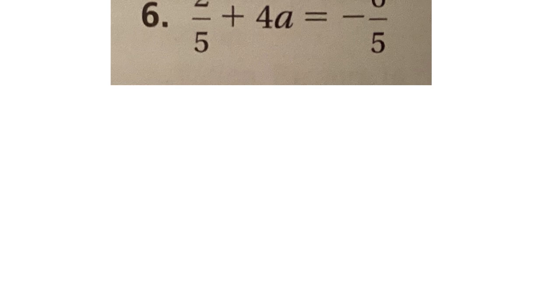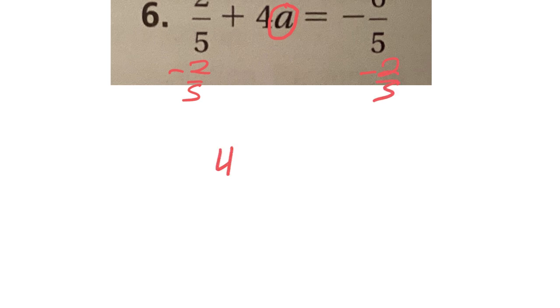All right, this one, I could just circle the a here because the a has two things going on. One, it's being multiplied by 4, and it's also being added to 2/5. Let's get rid of the 2/5 first. Minus 2/5, minus 2/5.